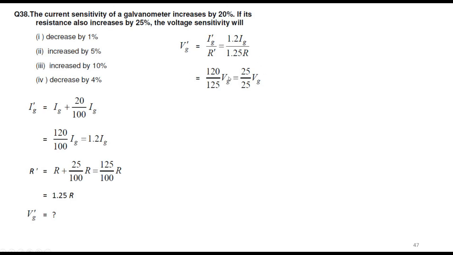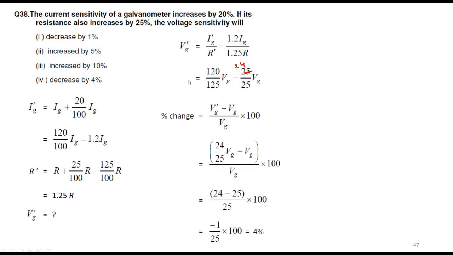Ig by R is nothing but Vg, original voltage sensitivity. This is nothing but 120 by 125, which is 24 by 25. So there is a small misprint. This has to be 24 by 25. That is, new voltage sensitivity will be 24 by 25 times old voltage sensitivity.